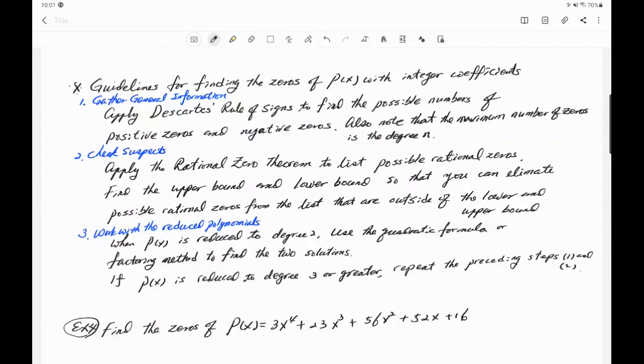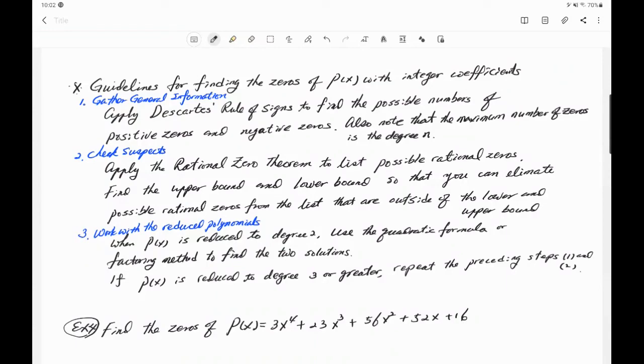And then once we get it, we may use the rational zero theorem, because this theorem is very useful: as we mentioned earlier, if the zeros are fractions, then they will be among the rational zeros. P over Q, remember P over Q? So we make a list of possible rational zeros.